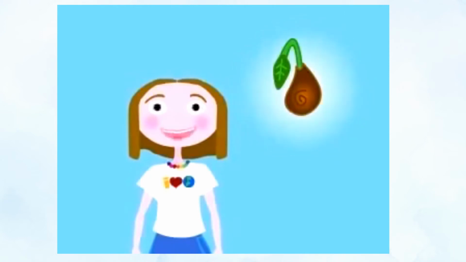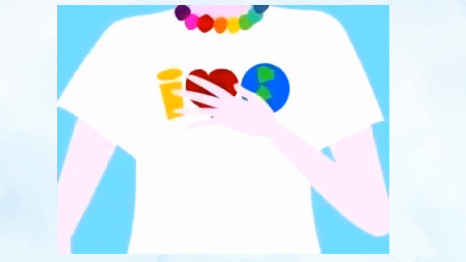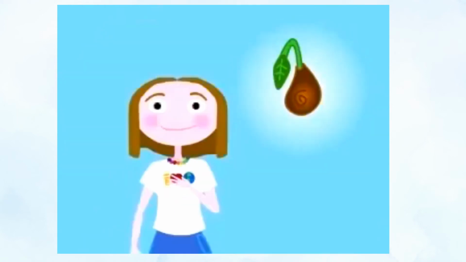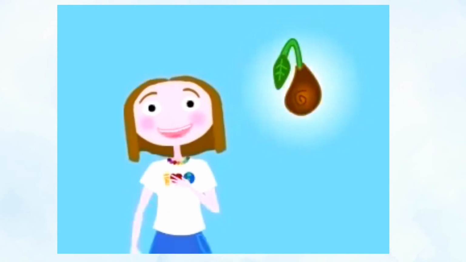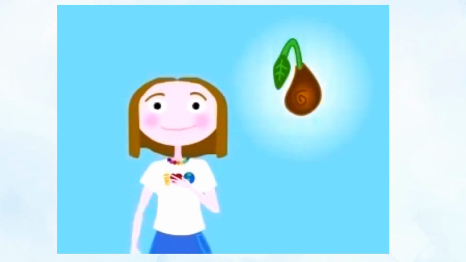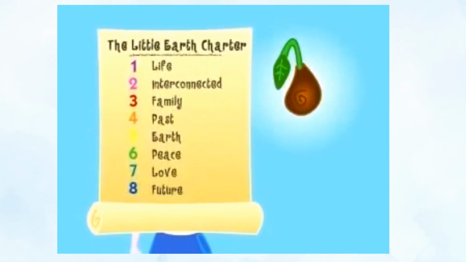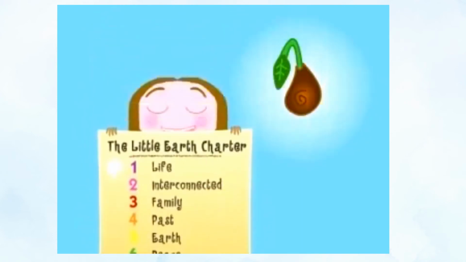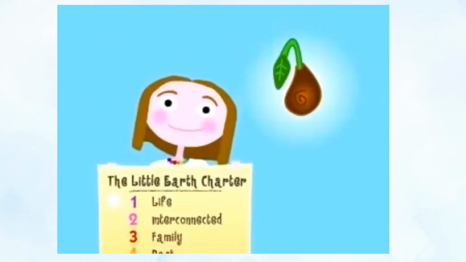Yes! Come on, kids. Stand up and take the pledge with me. Then put your hand on your heart and repeat after me. I pledge to respect and care for all living things, no matter how big or small. That's the Little Earth Charter, principle number 1. For life, we will care.